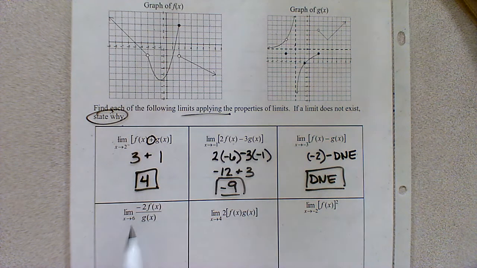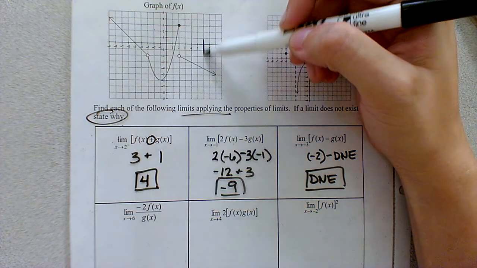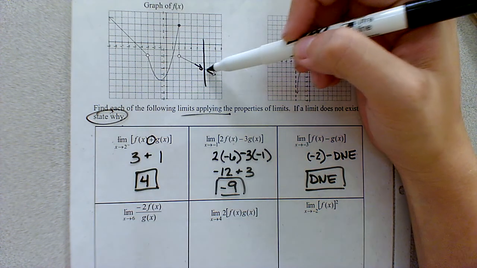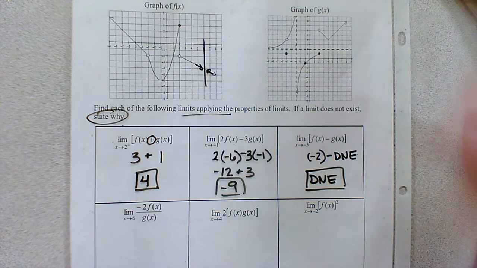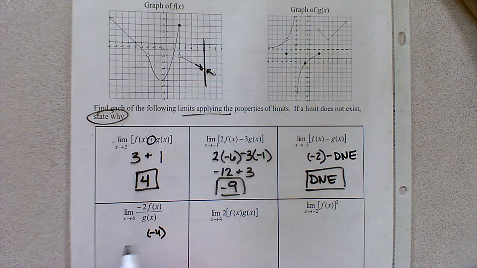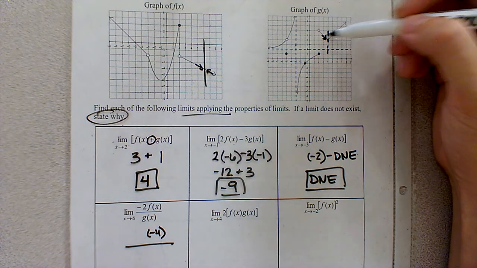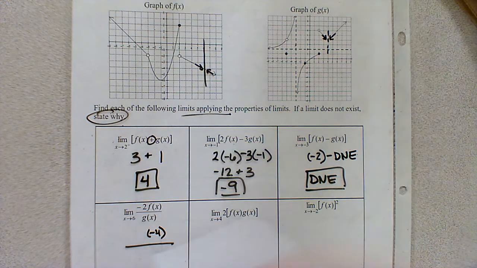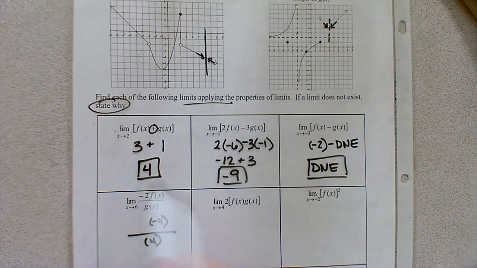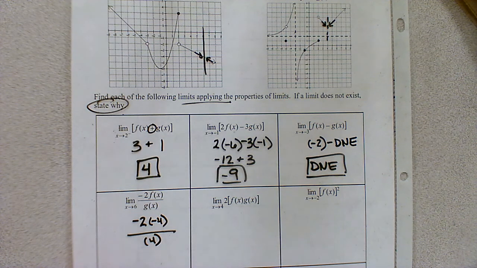Let's go ahead and approach 6 from both sides. So for f of x, coming from the left and the right, we approach a height of negative 4. And for g of x, we approach from the left and the right, we get a height of positive 4. And according to the function that we actually want to evaluate the limit for, we need a negative 2 constant multiplier up top.